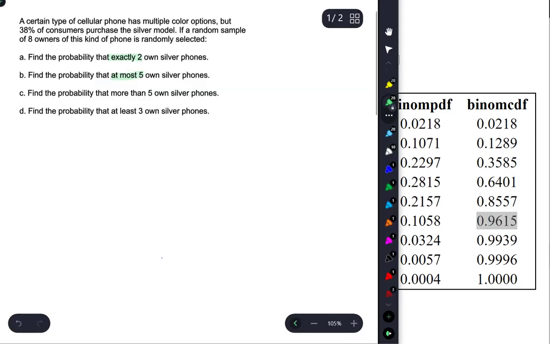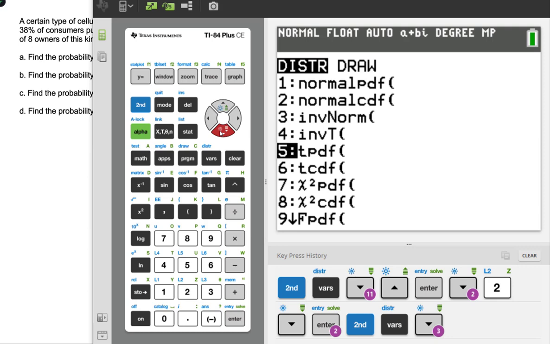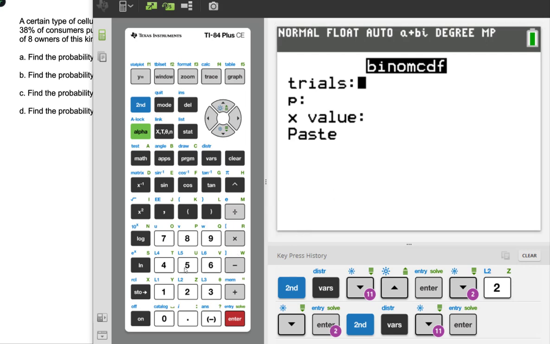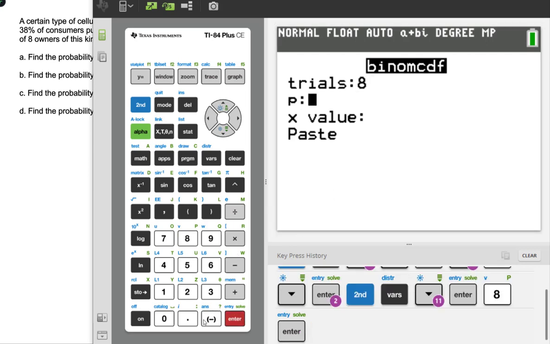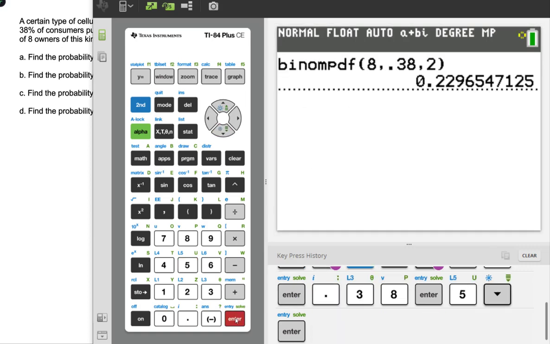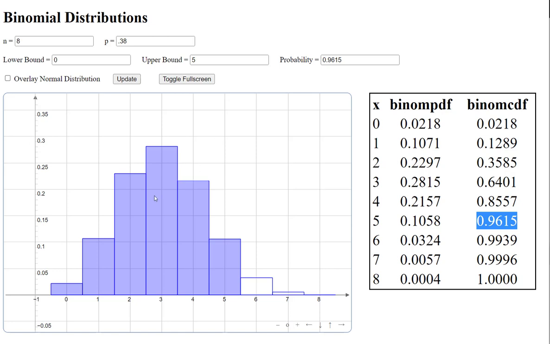So I would use binomial CDF, and the inputs are the same: the number of trials is still 8, the probability of success is still 0.38, and the value in question is 5. It adds all the binomial PDF values from 0 up to 5 and gives me that answer directly. So you do need to know what's happening visually so that you know how to use binomial PDF and binomial CDF correctly.